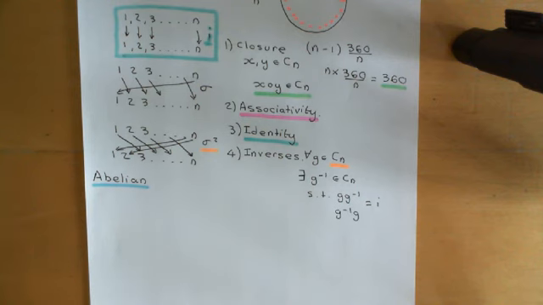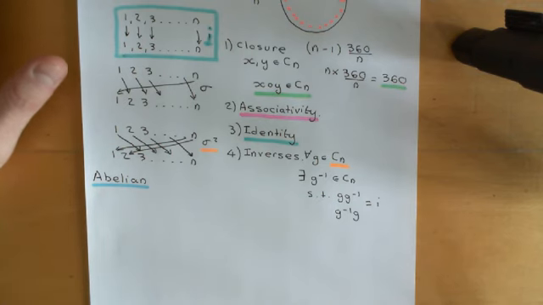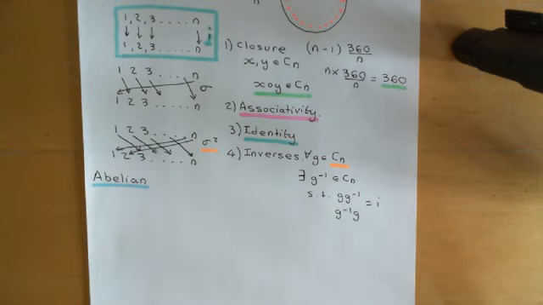It doesn't matter if I rotate firstly by the angle theta and then by the angle phi, or whether I rotate by the angle phi and then by the angle theta. That means it doesn't matter which order I compose two elements in these groups, because composing rotations is commutative. So that's why all of these groups are abelian, why they're all commutative.